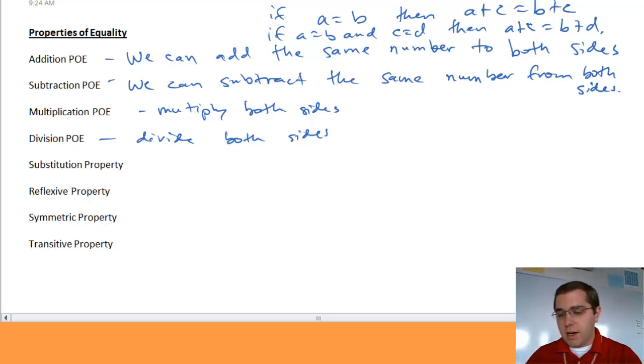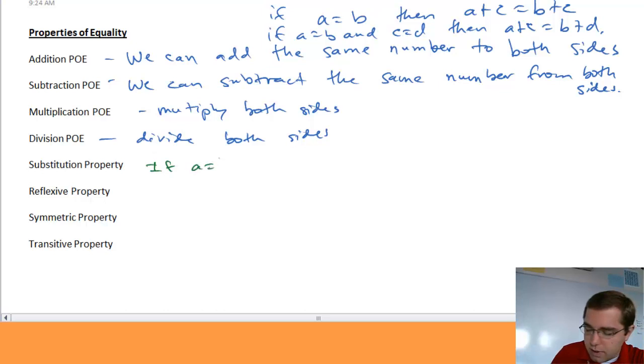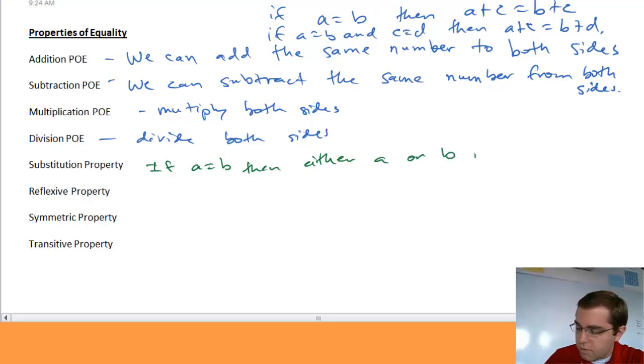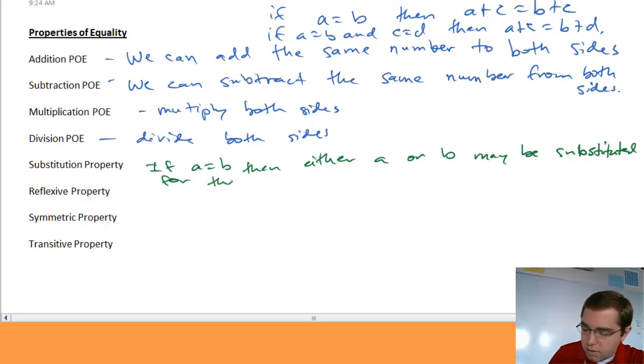The other ones you may not have explicitly used in algebra, but they're ideas that are not difficult to wrap your mind around. The substitution property says if A equals B, then either A or B may be substituted for the other in any equation.